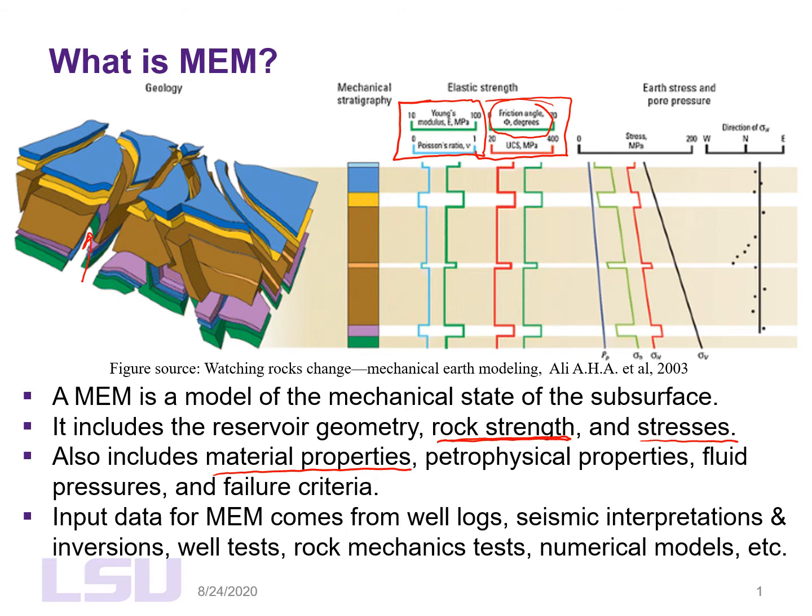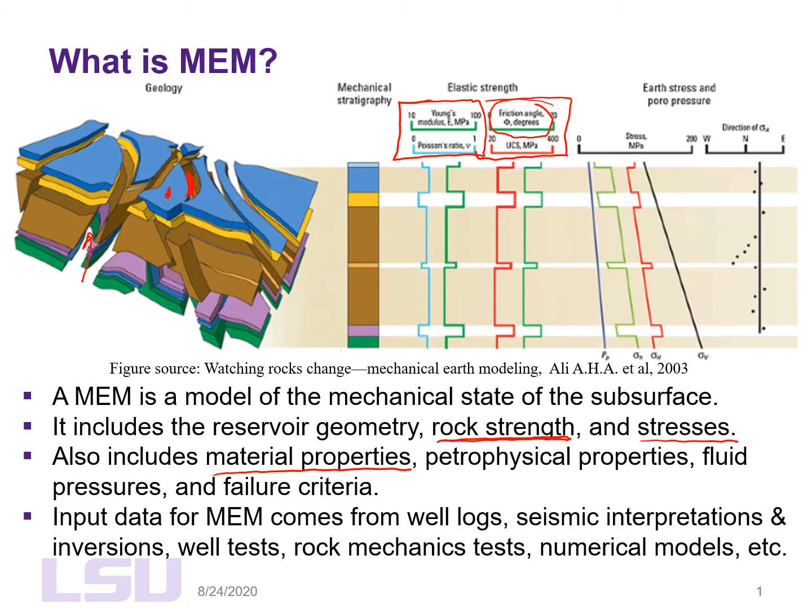And if you apply a very minimal amount of stress, there is no displacement. But when the stress applied exceeds the frictional strength of that fracture, then you could have displacement, even though you don't have the rock matrix, this solid part, fracturing, but you can have movement across this surface.